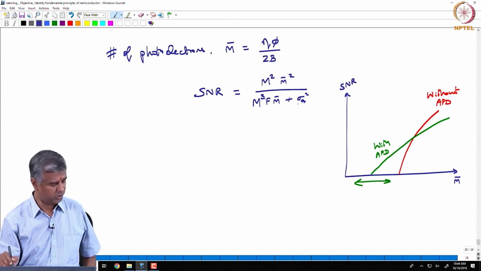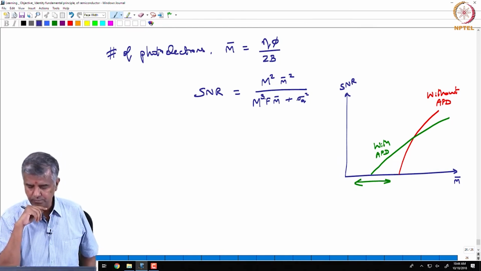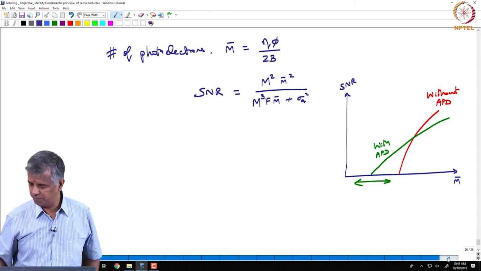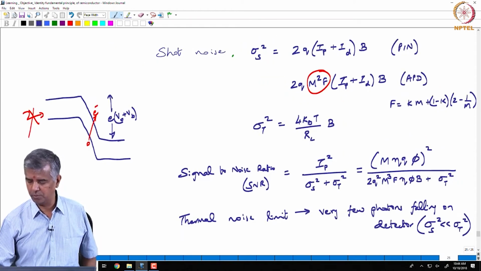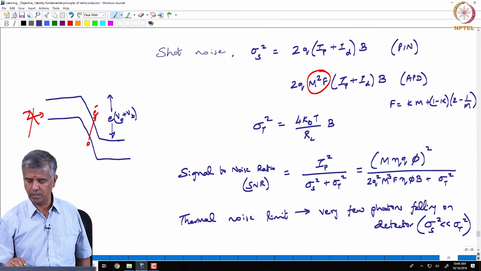I am not absolutely sure, but it is sigma t square multiplied by 2b is what it will come. If you just substitute, instead of eta phi, that factor m bar, then you will get this.